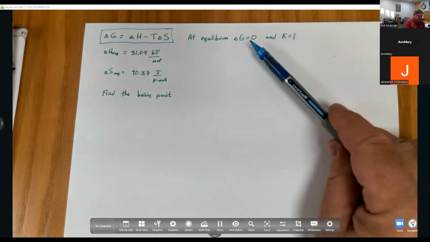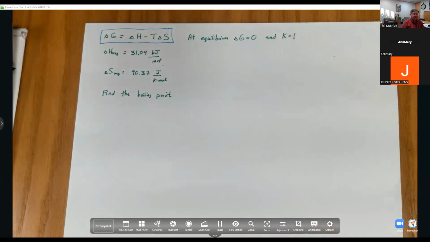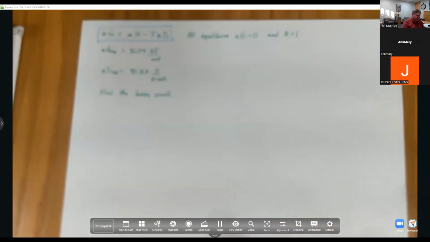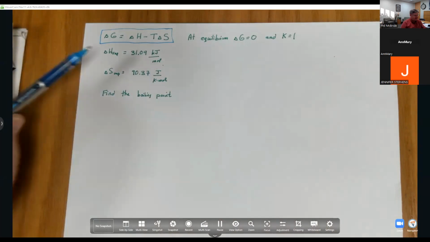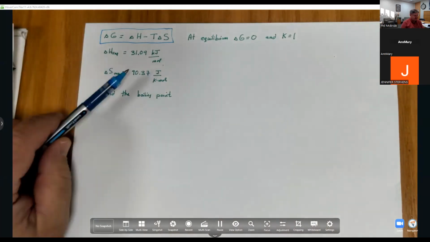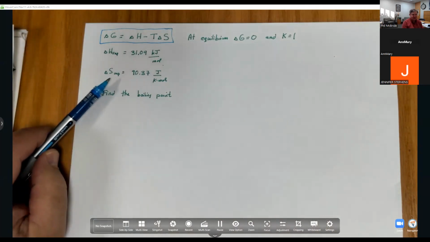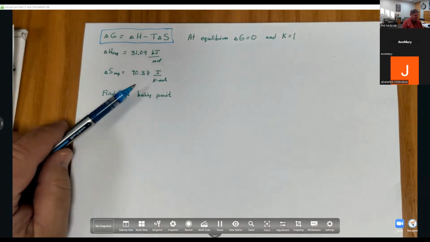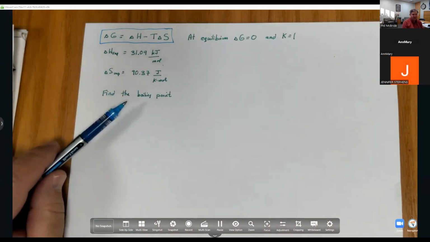So at equilibrium, G is 0, K is 1. So we're going to look at the boiling point of this substance. It has a heat of vaporization of 31.09 kilojoules per mole and an entropy of vaporization of 90.37 joules per Kelvin mole. And I want to find the boiling point.